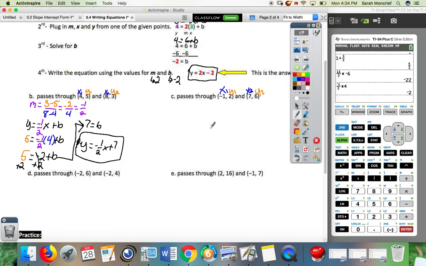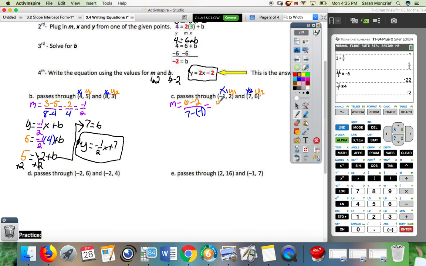So in order to find m, I need to do my slope formula, which will be y2 minus y1, so that would be 6 minus 2, all over x2, 7, minus x1, which would be minus negative 1. So that will equal, let's see, what is 6 minus 2?